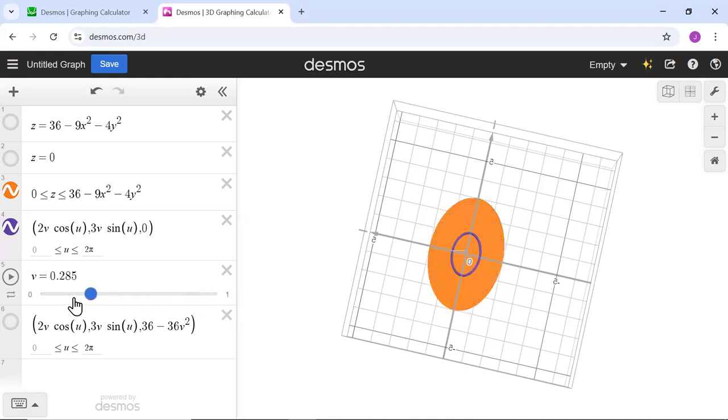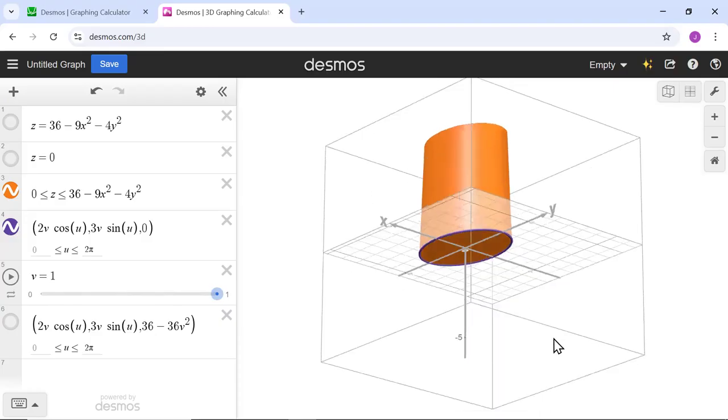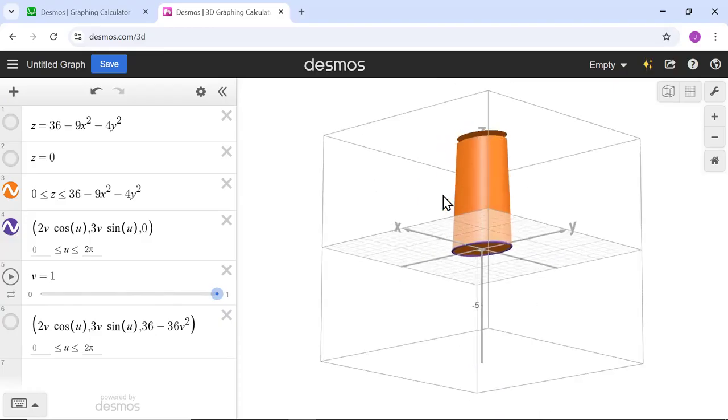So that is how I'm getting the entire surface. I'm getting that entire surface through a bunch of ellipses, all the way from v equals 0 to v equals 1.